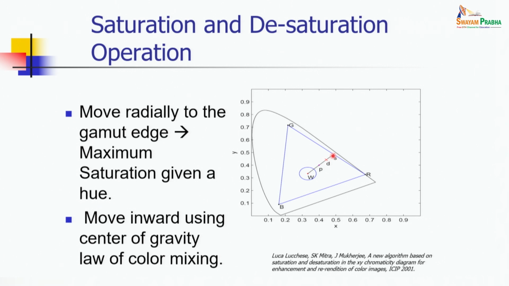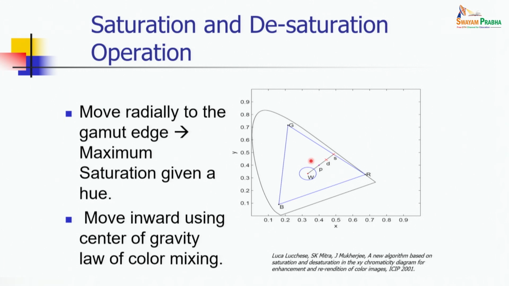If I would like to compute this point, it is possible, because it is just geometry. If you know the positions of the primaries in the xy chromaticity space, then the triangle is defined. If you know the color point, the white point is also defined. So you can compute this intersection. And if you move inward, then it is desaturation.